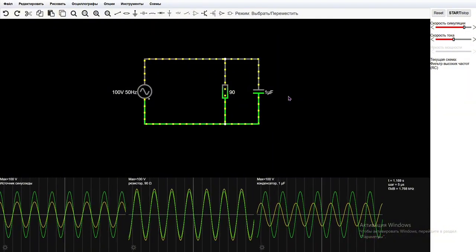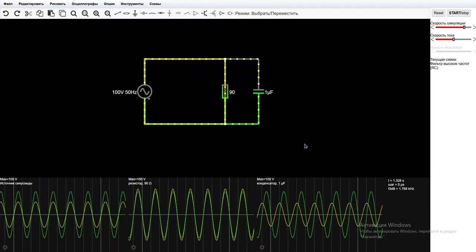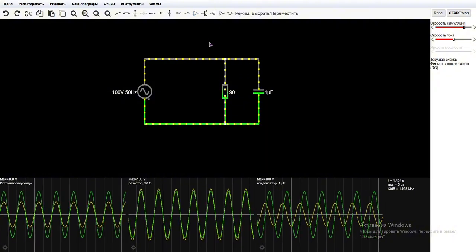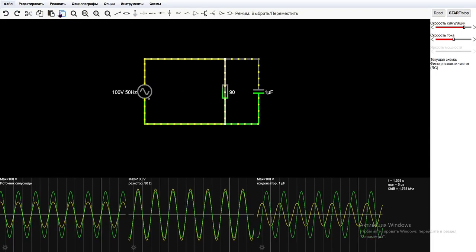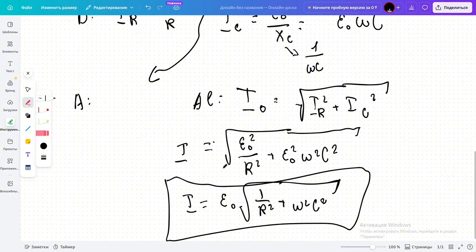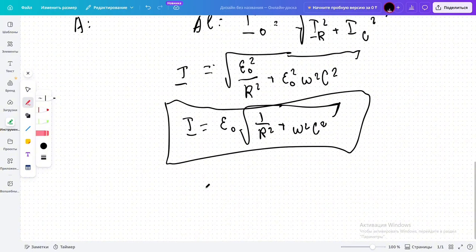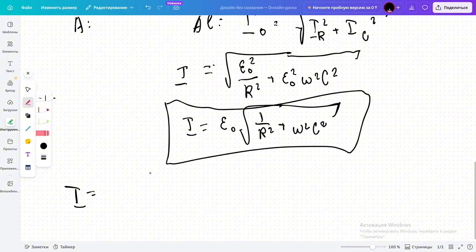So let me use the formula that we got from here to prove that this is real. Let me stop this. We need to find I. We have E0 from here, 100 volts. Let me put it in.